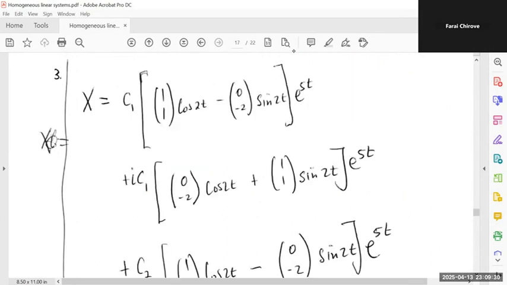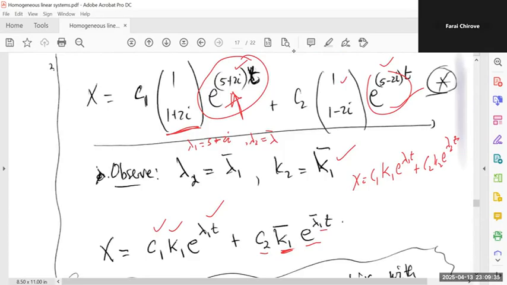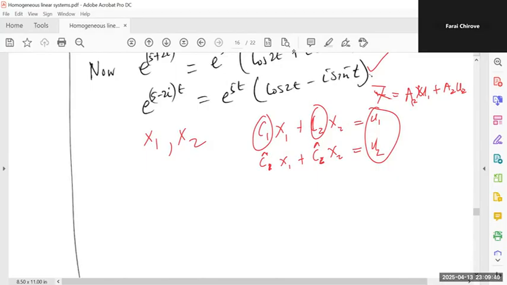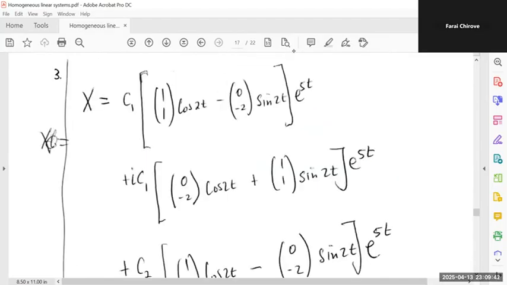All right, so we then now come to a point where we are replacing, remember, x1 is equal to k1, which was 1 minus 2i, e to the power 5 minus 2i t.